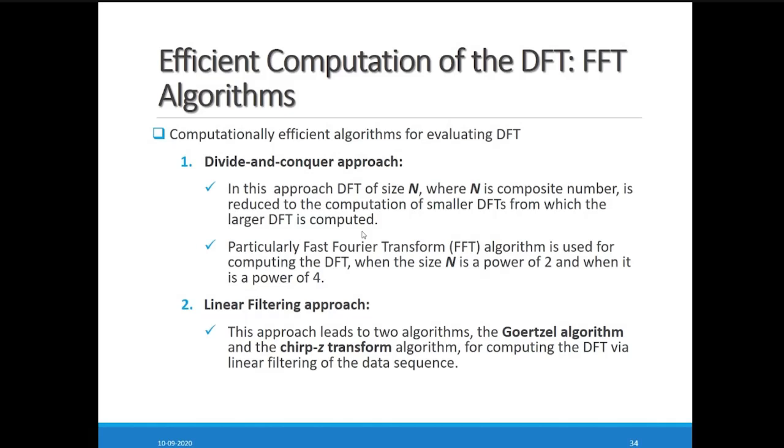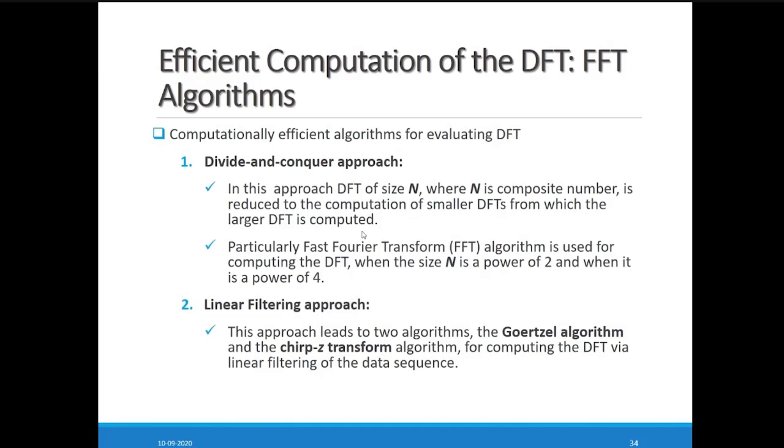Particularly, the fast Fourier transform algorithm is used for computing the DFT when the size n is a power of 2 and when it is a power of 4. So this is the first approach, the divide and conquer approach.